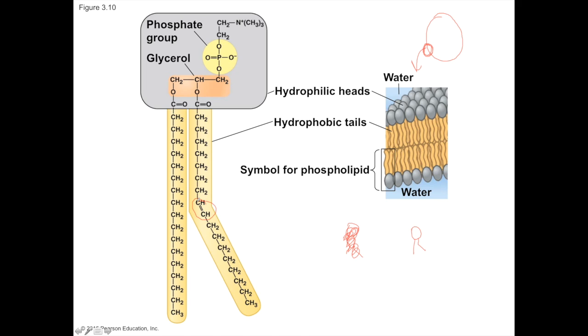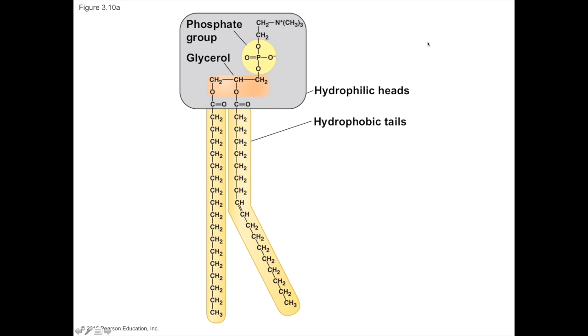The kink is from that unsaturated fat. Every cell in your body has these phospholipid membranes. That's why you need unsaturated fats. You need to be able to build these membranes, and you can't do that without consuming unsaturated fats.